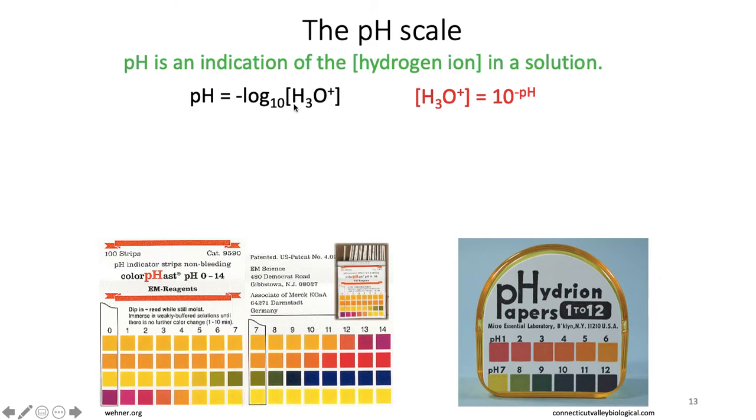Note, the H3O plus concentration is going to be a small number. It's going to be less than 1. pH values go from 0 to 14, so they're typically larger numbers. These are much smaller numbers. Now, if you have the pH value and you want to calculate the H3O plus concentration, you use this equation.